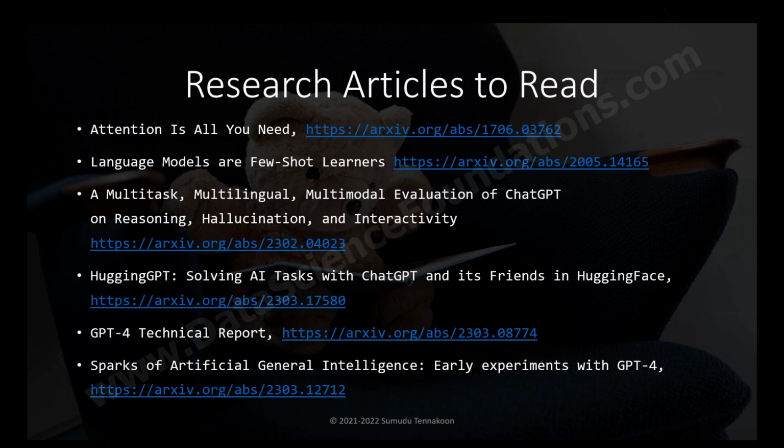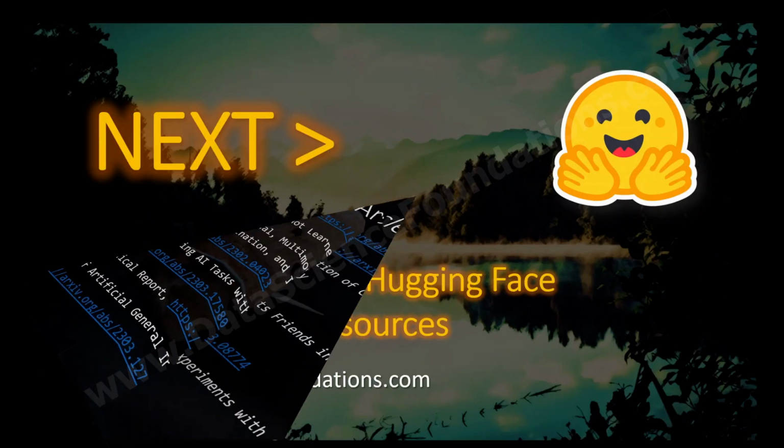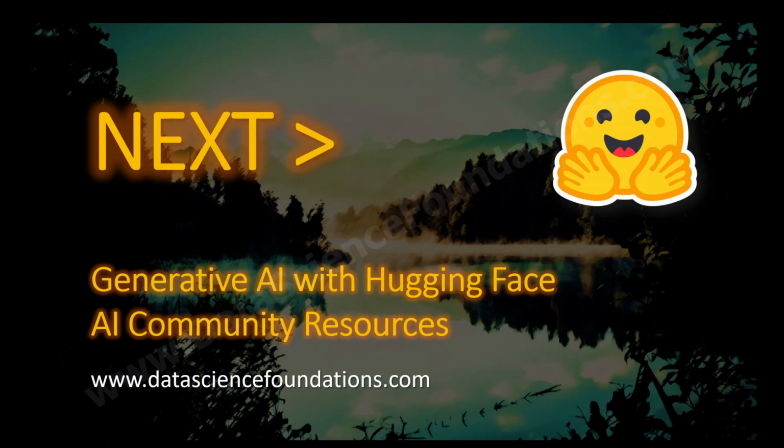All right, so in the next video, we are going to discuss how we can build some generative AI applications using Hugging Face AI community resources. I'll introduce you to the Hugging Face AI community resources.